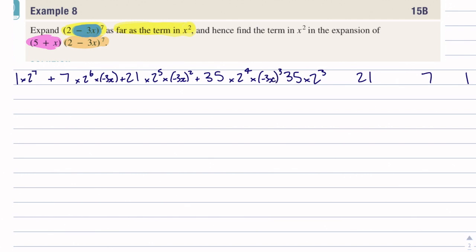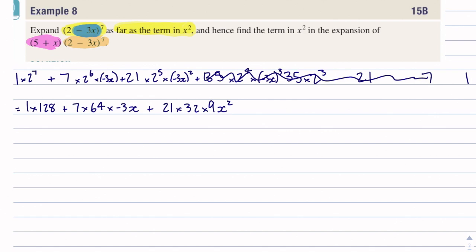I didn't need to go this far because my minus 3x squared has already popped up. So I've got 1 times 2 to the 7 is 128, plus 7 times 64 times negative 3x, plus 21 times 32 times 9x squared. Don't need to go any further.